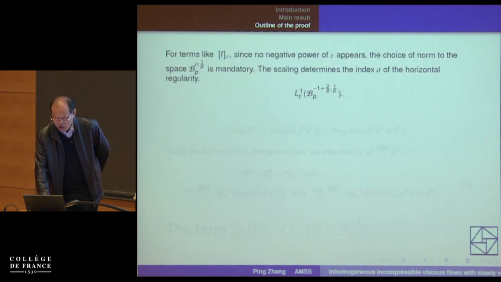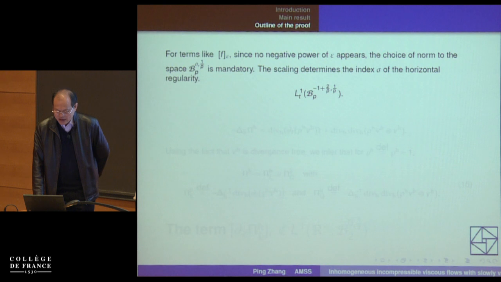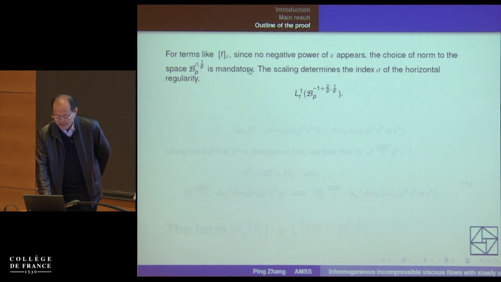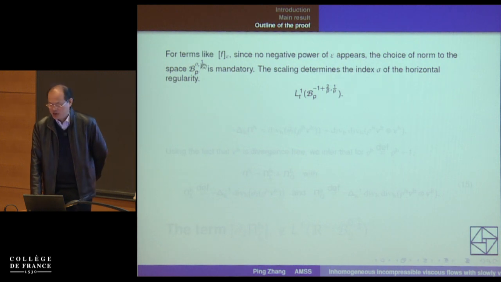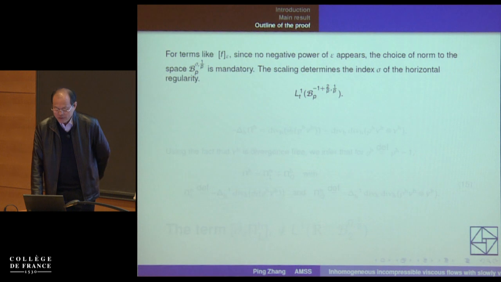So let's look at all these terms in the error terms like F bracket of epsilon. Since there is no negative power of epsilon appearing, the choice of the norm in the space like this anisotropic Besov norm with last index 1 over p is mandatory. And then moreover, because of the transport equation, we need an L1 in time estimate in Lipschitz space of the convection velocity field.